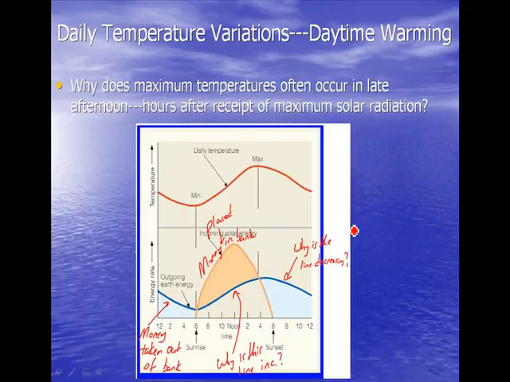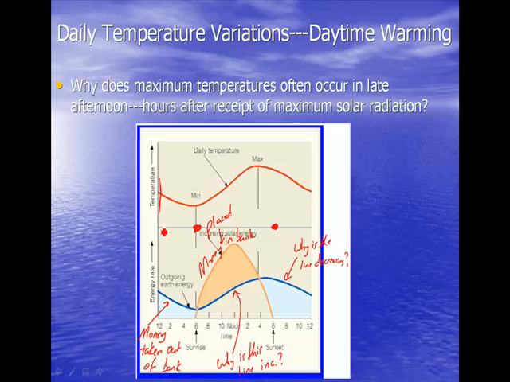Now, this particular graphic should look somewhat familiar. This particular part of the graph is temperature versus time of day. This is sunrise right here, sunset right here, and then basically what we have are 2 graphs in one.